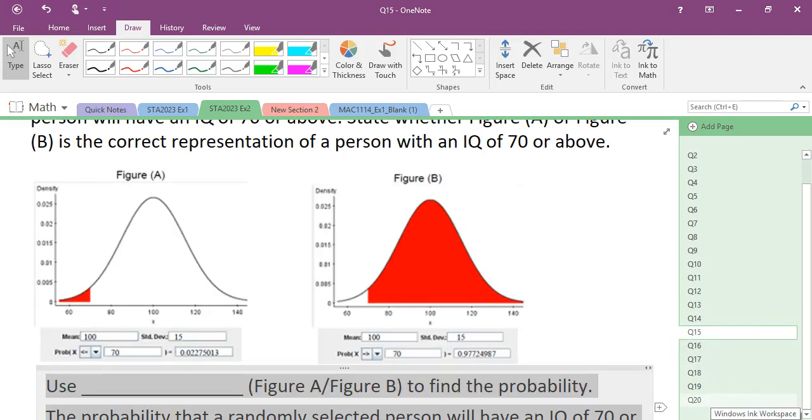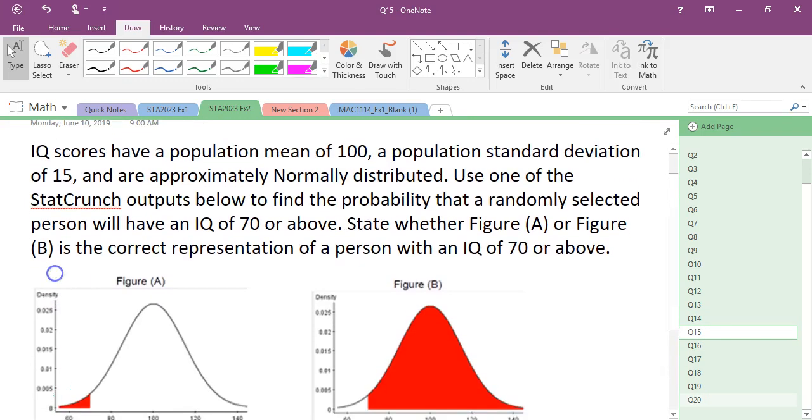All right, 15. So now we're starting to see what our StatCrunch would kick out. We have 2 figures here, and we're going to use one of these. IQ scores have a population mean of 100, a population standard deviation of 15, and are approximately normally distributed.